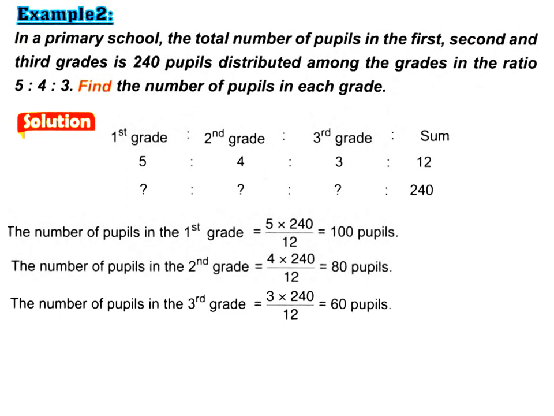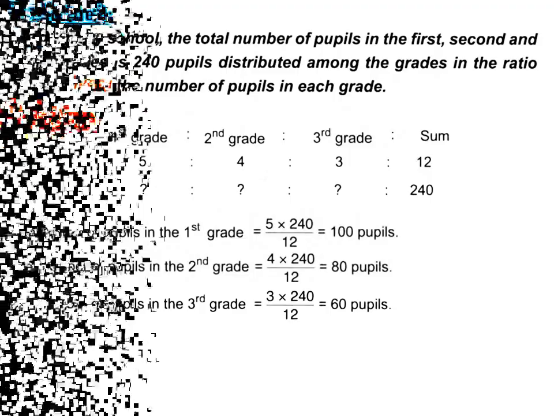Another check of our solution: I will put the number of the first grade, 100, in ratio with the number of the second grade, in ratio with the number of the third grade. It will be 100 to 80 to 60. By using the simplest form of the ratio, it will be 5 to 4 to 3.